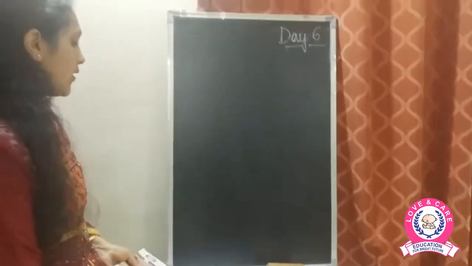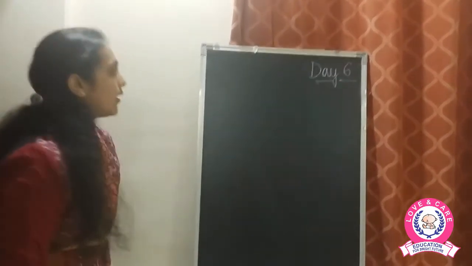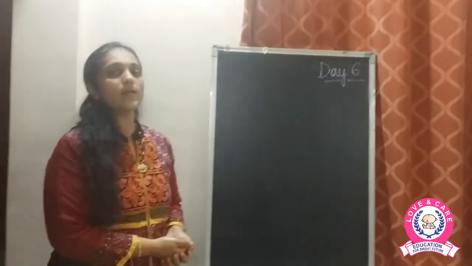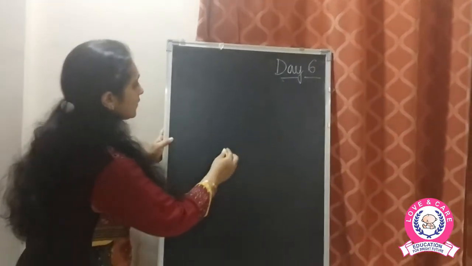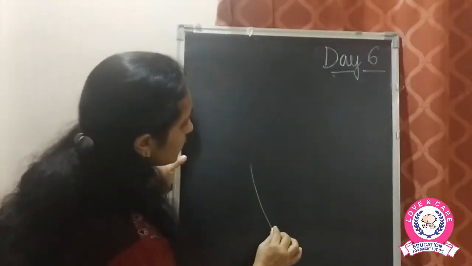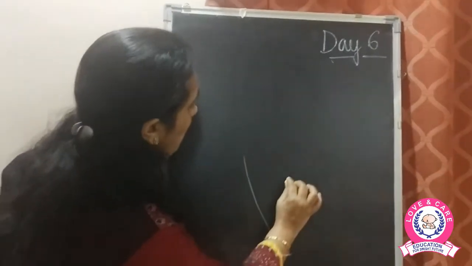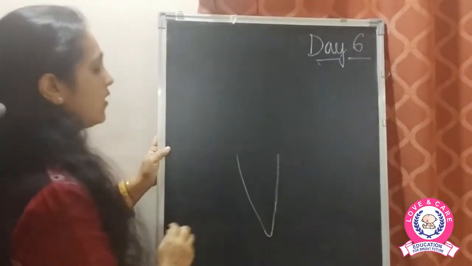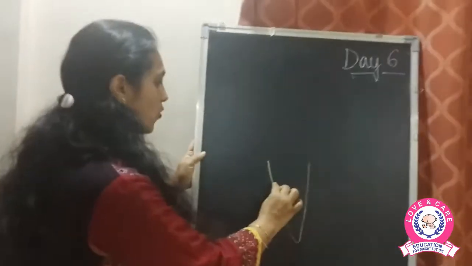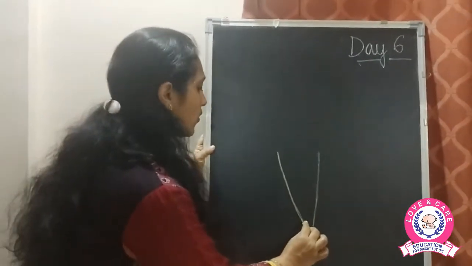Okay children, now we are first going to learn how to draw an ice cream. So it's very easy. You have to make a V shape. It should be little round. We are going to draw a cone. That is a cone ice cream.